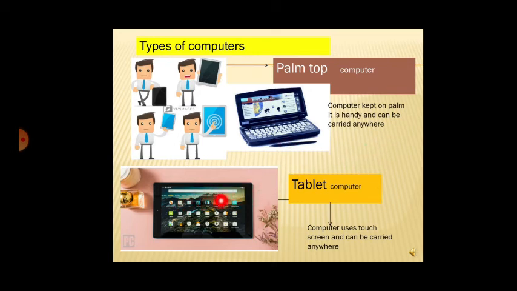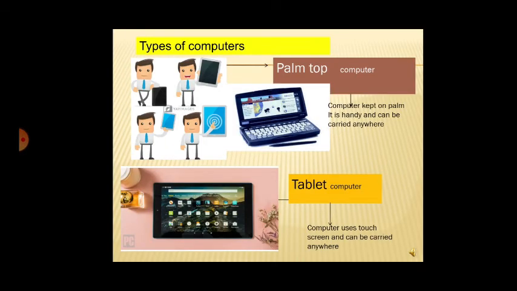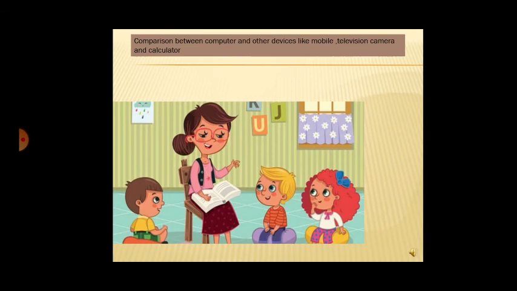Just by touching the screen, the apps will get opened, and here you need to type or move with the help of the mouse, similarly with the desktop and the laptop. So please find the difference between the palm top and the tablet. Here we are using a touch screen. Here a keyboard is used.